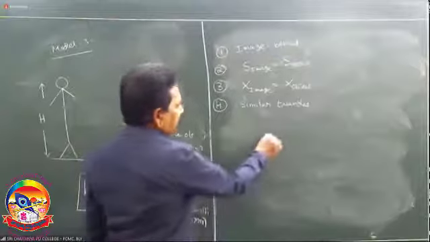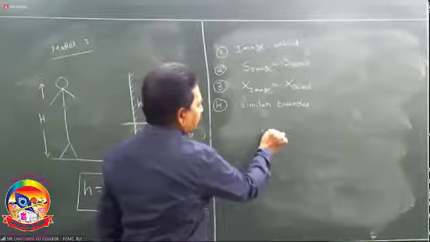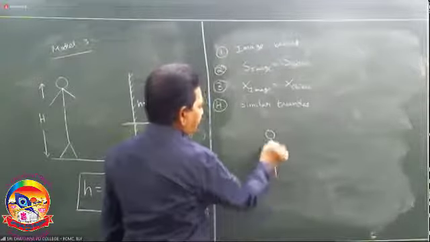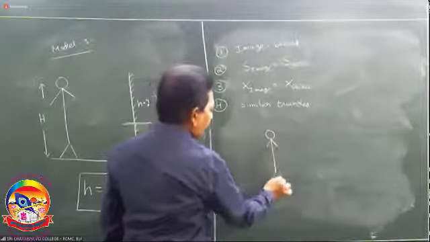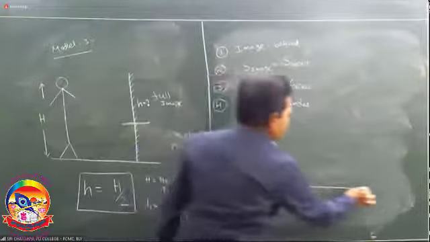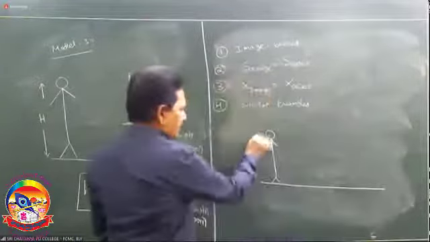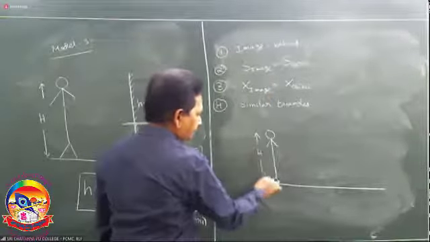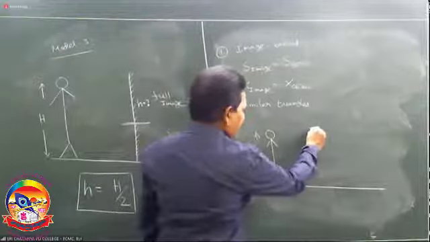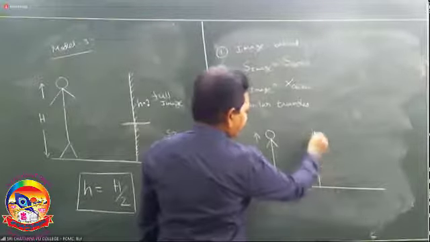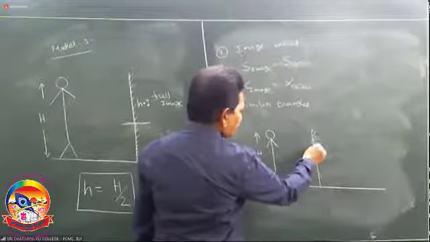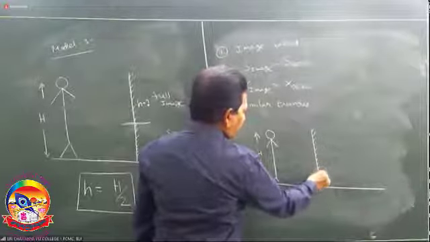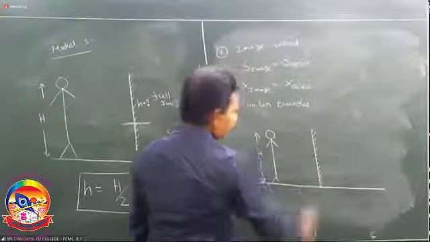Let's do it here itself, the same problem. This is the person. H is the height of the person. This is the mirror. Draw along with me, then you can understand.